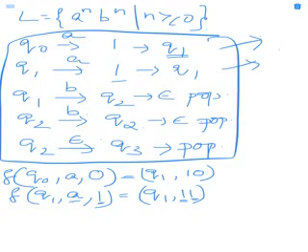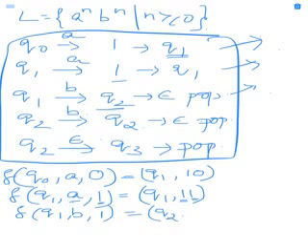Then the next one, del of Q1 when it encounters B and the stack symbol is 1: it moves to state Q2 and a pop operation is performed.